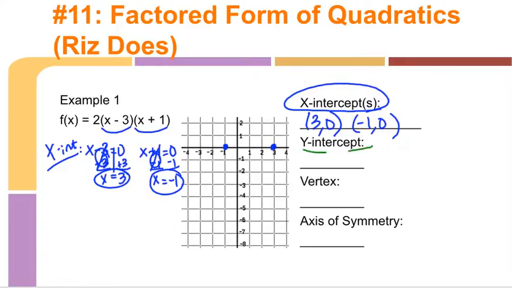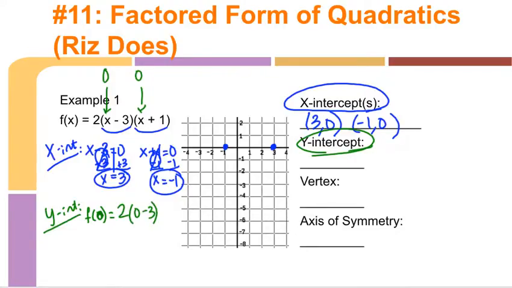Now I need to figure out my y-intercept. So to figure out my y-intercept, my notes tell me that I just need to substitute 0 for x. So that means instead of this x and instead of this x, I'm going to write zeros. Alright, I'm going to write f of 0, because I'm replacing all the x's with 0, equals 2 multiplied by (0 minus 3) and (0 plus 1).